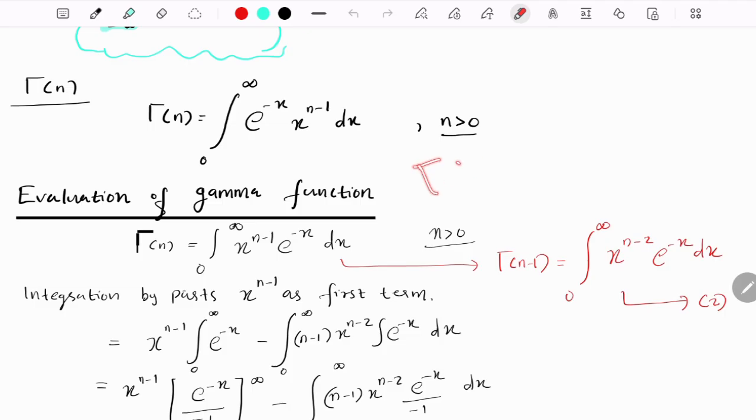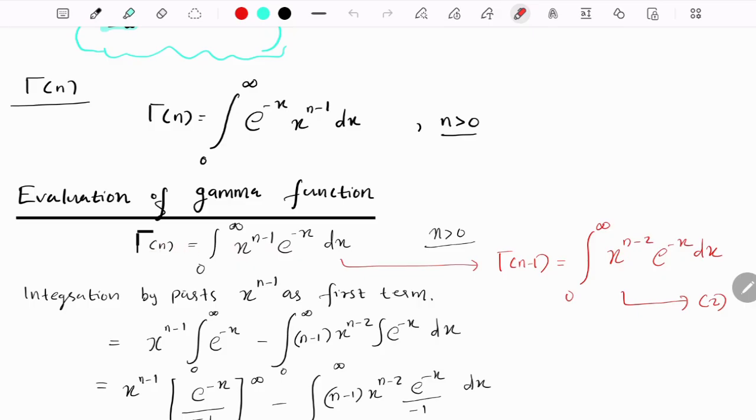So we defined the gamma function. What is gamma of n minus 1? In terms of n, the power of x is n minus 1. So if we consider n minus 1, then the power of x becomes n minus 2.